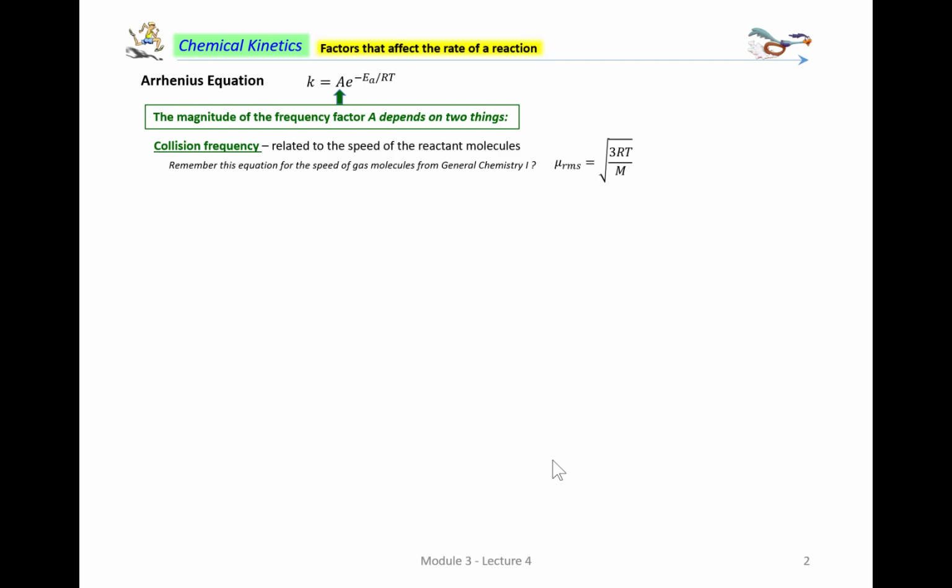Now, for our purposes here, we don't really need to worry about the derivation of root mean square speed. What I want to zero in on is that the speed of the molecules, in other words, what would be related to how often they would collide, is dependent on the square root of the temperature and is inversely dependent on the square root of the molar mass of the reactant molecules.